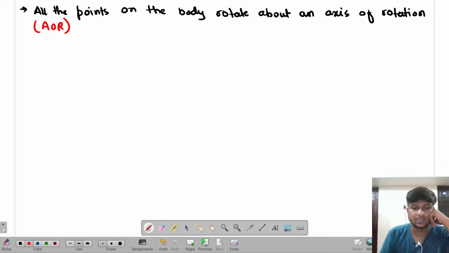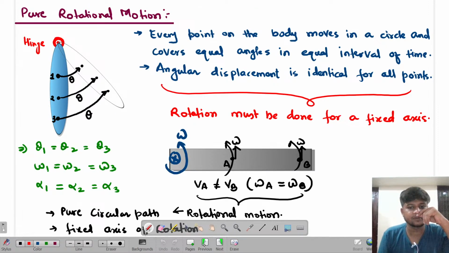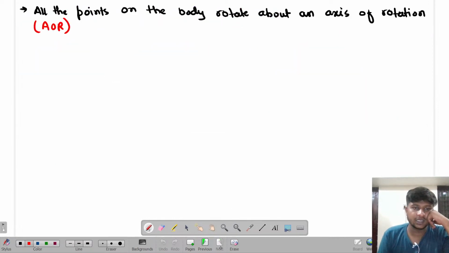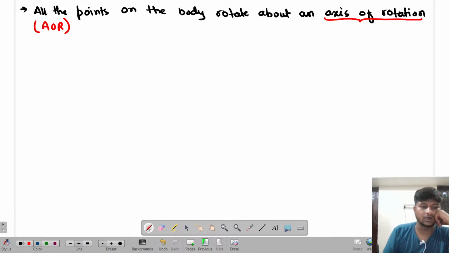First, I'm naming some things T plus R. Then I'm using some words RB, NRB. Yes or no? AOR, axis of rotation.